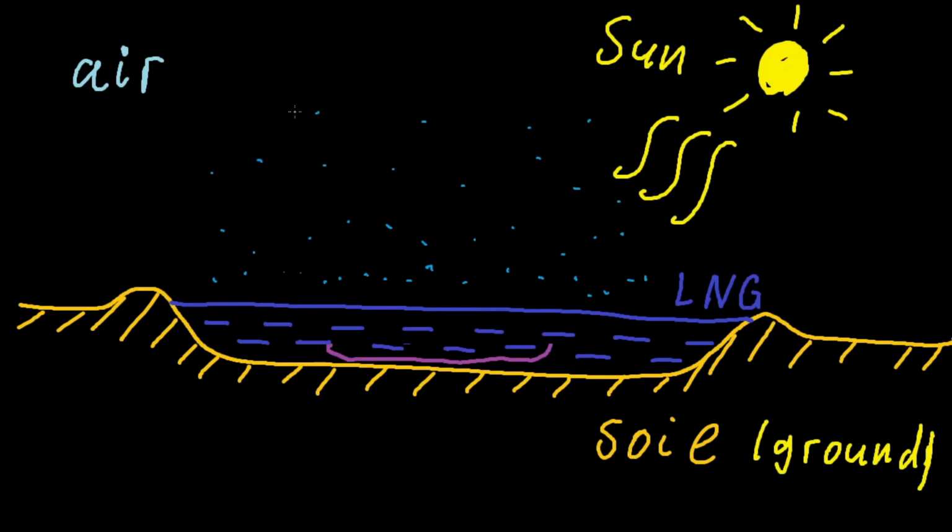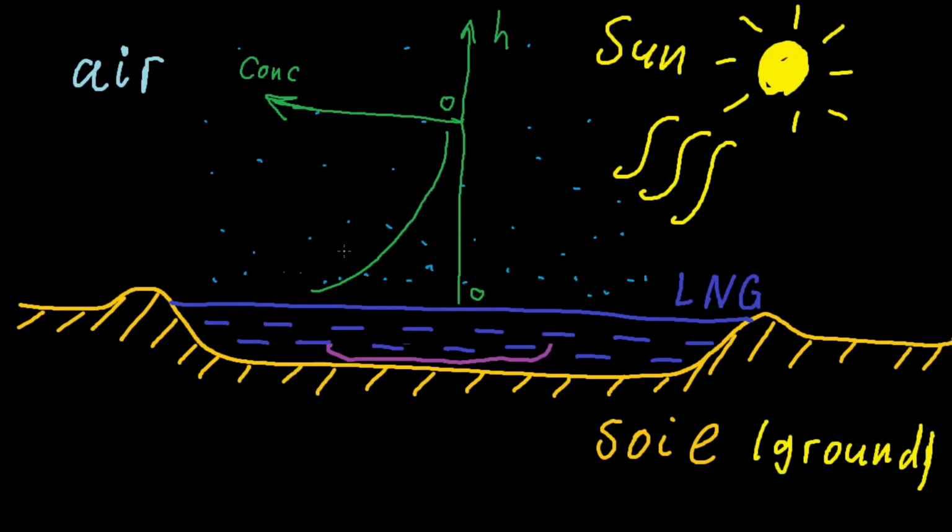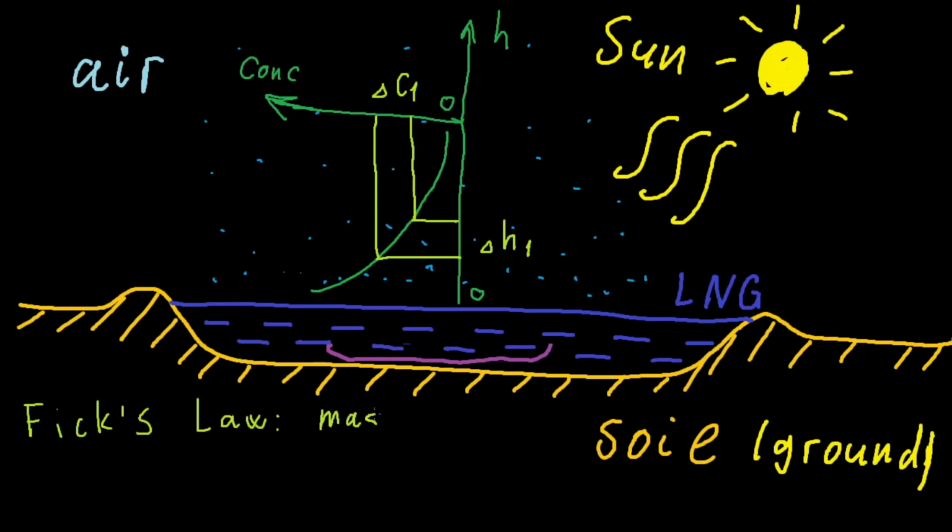Let's build a graph of the dependence of the concentration of the evaporating substance in air versus height. According to Fick's law, the greater the gradient of concentration, the greater the intensity of mass flow in the direction of lower concentration. A bunch of environmental parameters, such as temperatures of air and liquid, specific diffusivity of the substance in air, and wind speed affect the diffusion process.